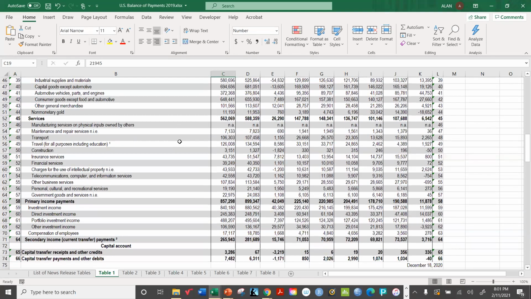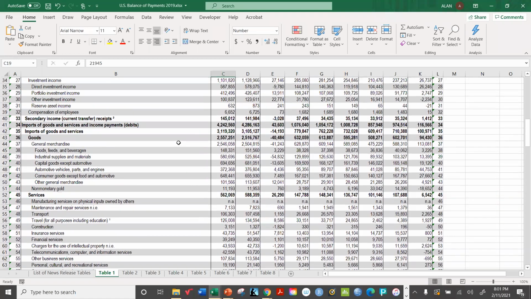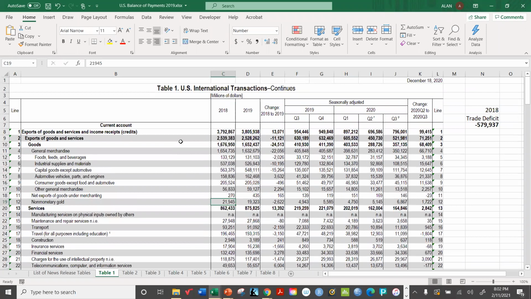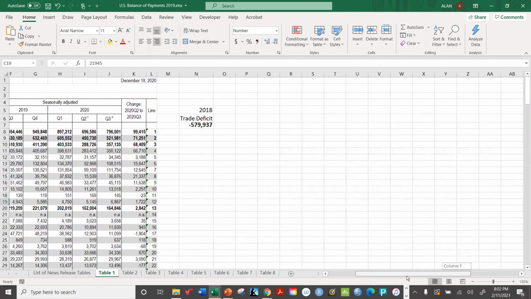Now we'll see later on that there's a lot of reasons for this. But it turns out not all the reasons are bad reasons. Now, think about this. If the products that we made were so awful that nobody wanted to buy them, that would be a pretty terrible thing for our economy, and that would lead to a trade deficit. But what if that's not the problem? What if that's not what this is all about? Here's the issue with trade deficits, and we'll discuss this in much more detail later on.